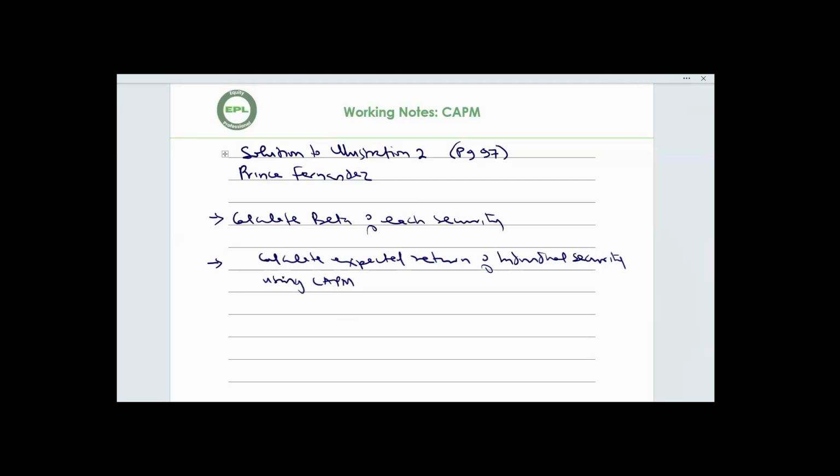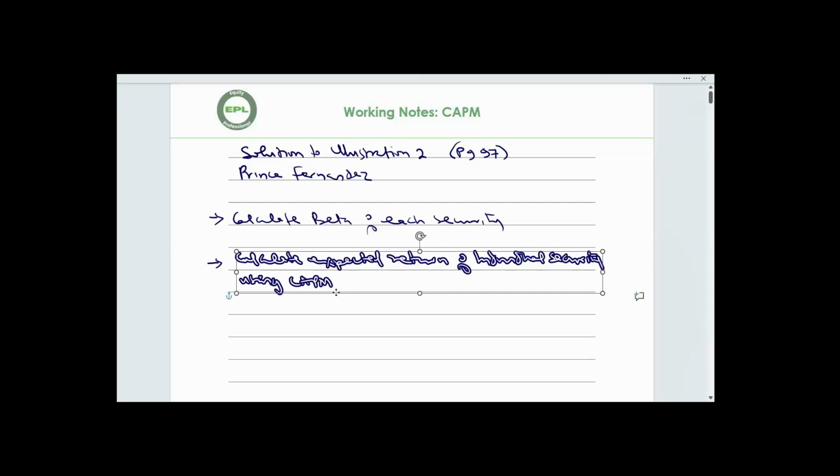Then step two, you calculate the expected return of individual security using CAPM.